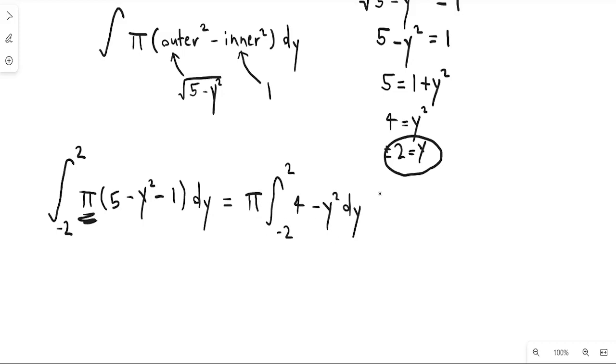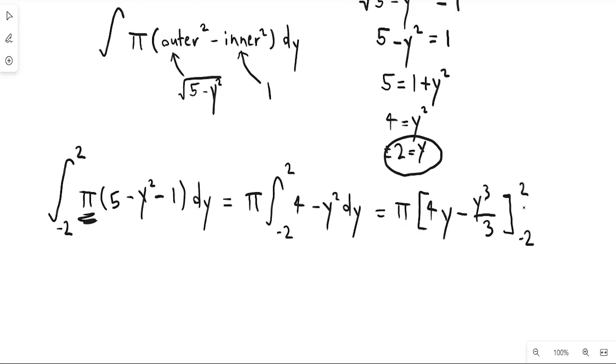Okay, so now we just want to integrate this using the power rule. The integral of 4 is going to be 4y, because we're doing the integral dy. And then the integral of minus y squared is going to become minus y to the third over 3. So just using the power rule.